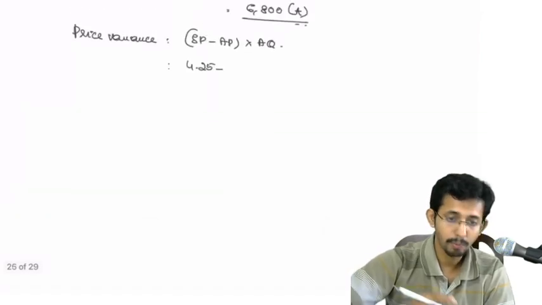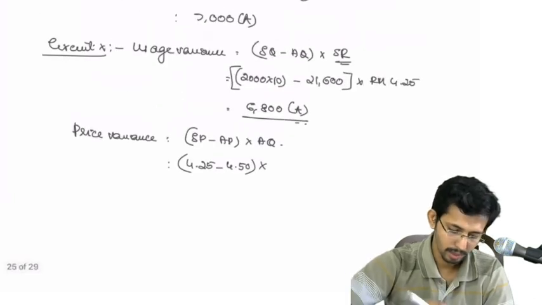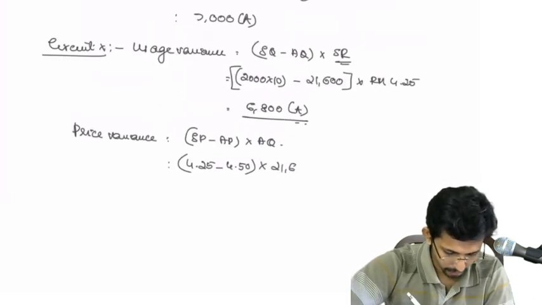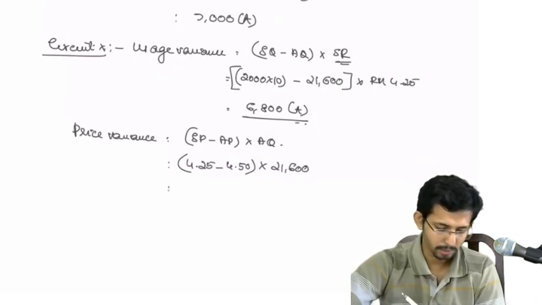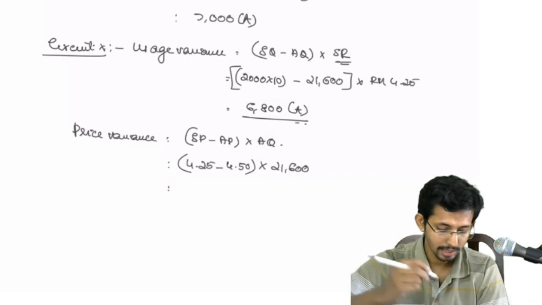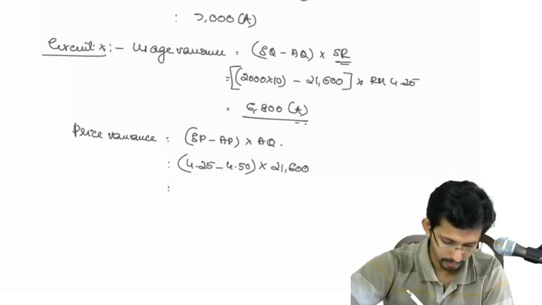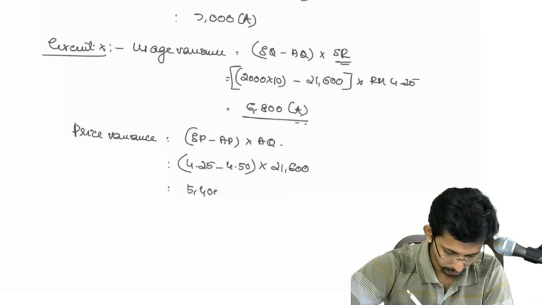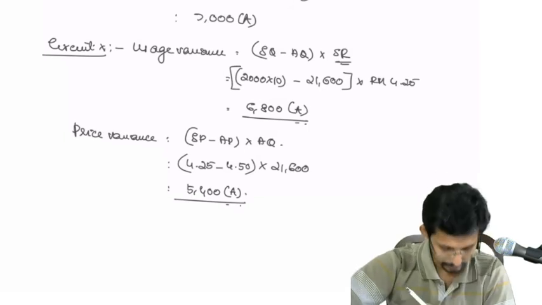So 4.25 minus 4.50 into AQ, actual quantity consumed, 21,600. Whether it is favorable or adverse, it is adverse because AP is higher than SP. So price variance is 5,400 adverse. Now circuit designer.